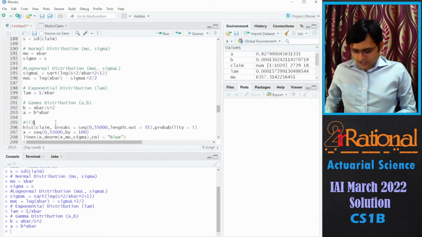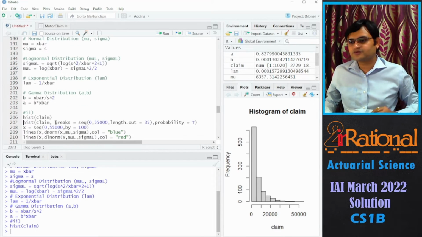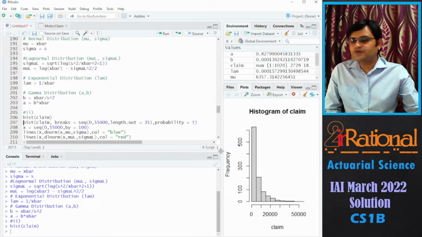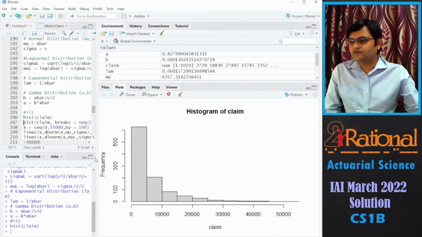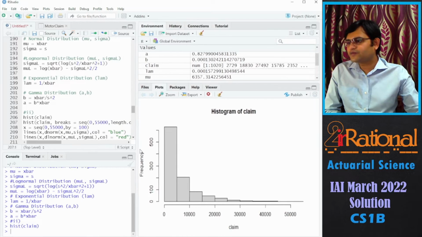So for the histogram, first thing I did was I just ran hist of claim to figure out what the possible values are, because we want 35 equal divisions. For that, first we need to know how many total values we have. So you can see we are starting from 0 going till about 55,000. So that would be our limit.